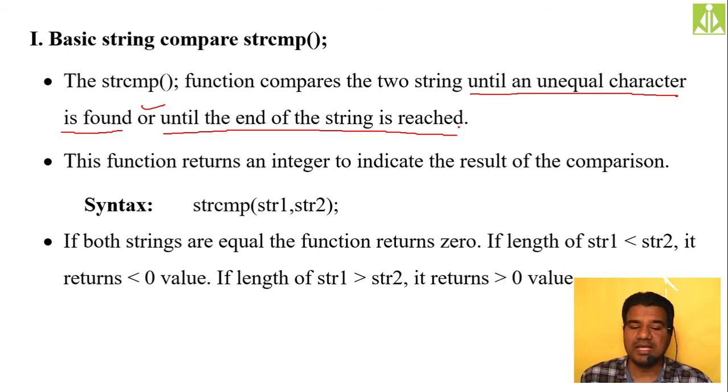First we will see what happens if both the strings are equal. If both the strings are equal, this function returns a 0 to indicate both the strings are equal.